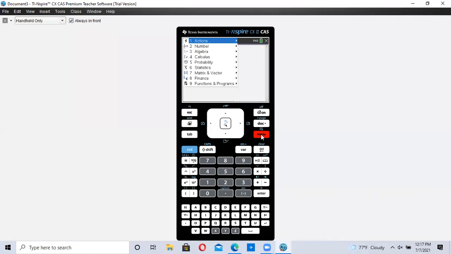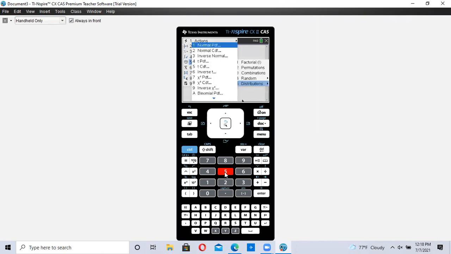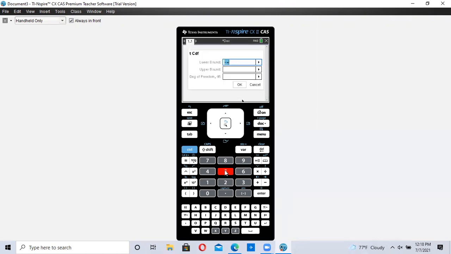Number 5, probability. You can go up here using the cursor on your calculator, or you can click on number 5, and then number 5, distribution. Let's try that again.